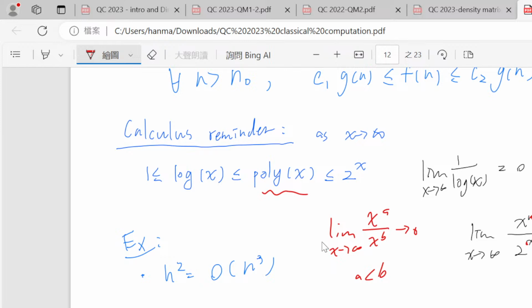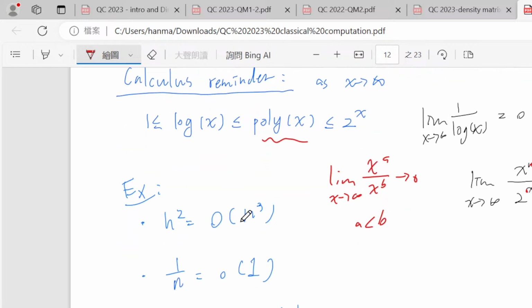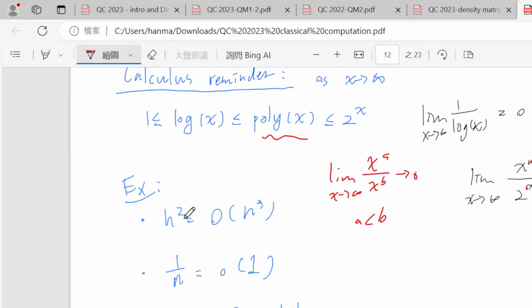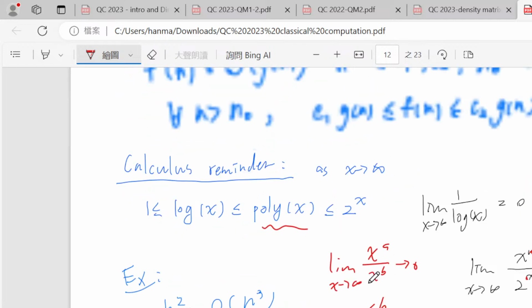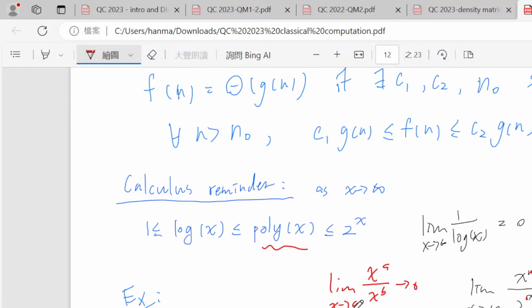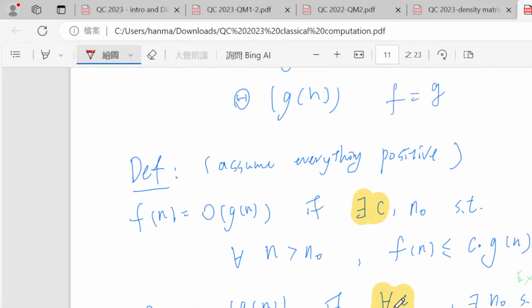You can really just use those and eyeball a lot of examples. For example, n squared: we know 2 is less than 3, and from this limit equation, we know n squared is big O of n cubed. When you refresh your calculus and think about how this limit is defined, you see that's a stricter definition.